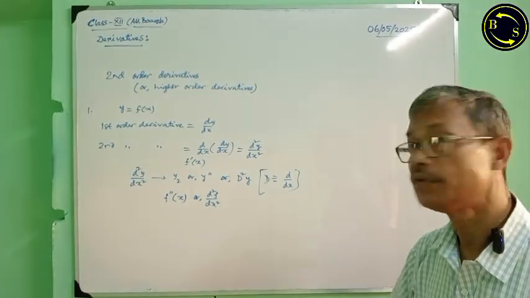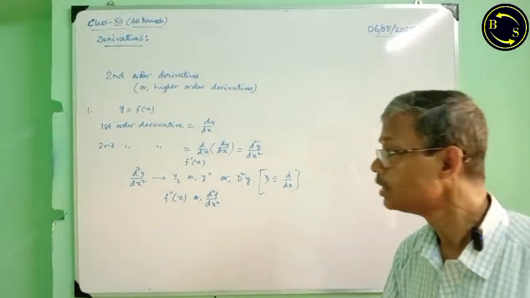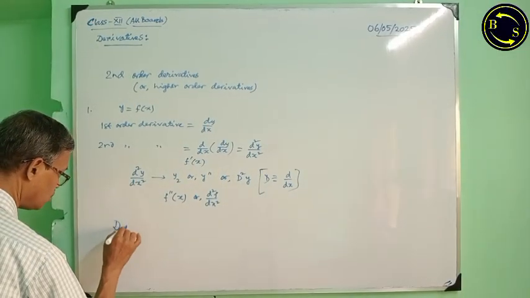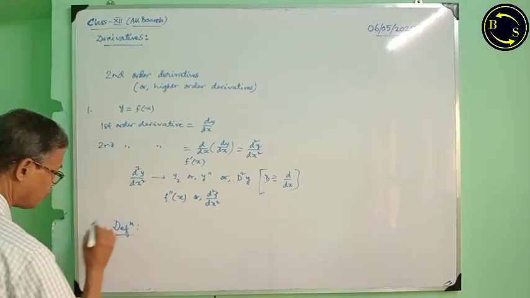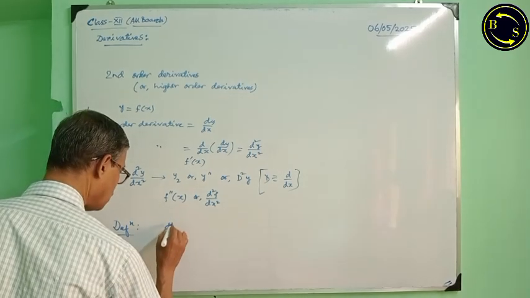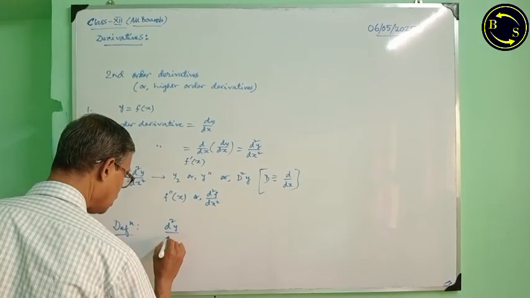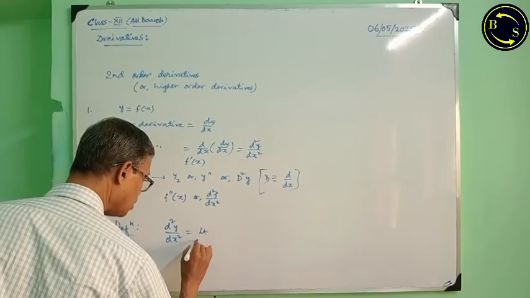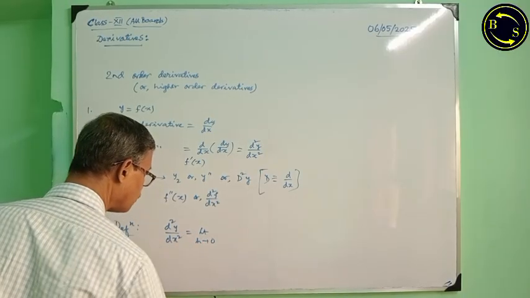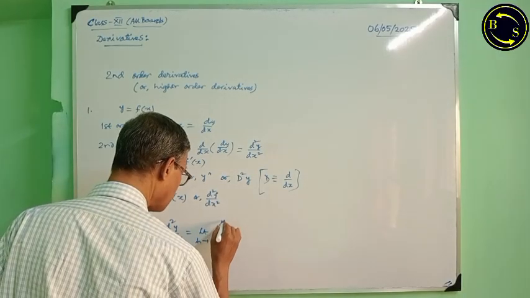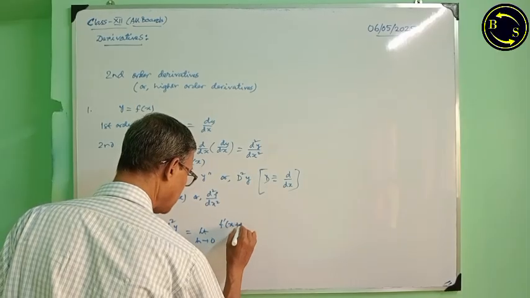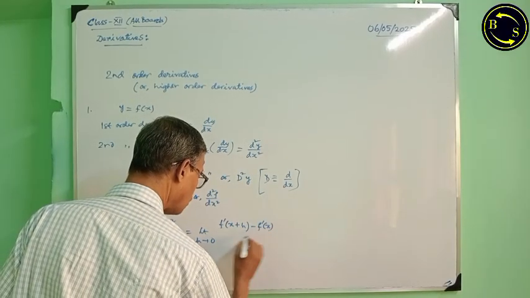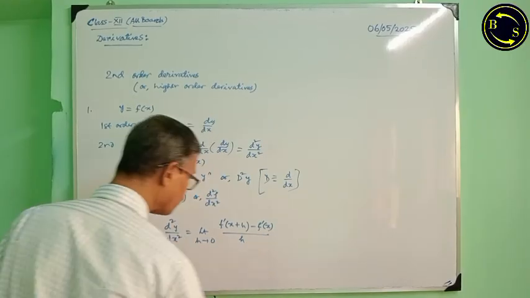Now the definition of second order derivative. d2y/dx2 is the limit as h tends to 0 of f dash x plus h minus f dash x, whole divided by h.